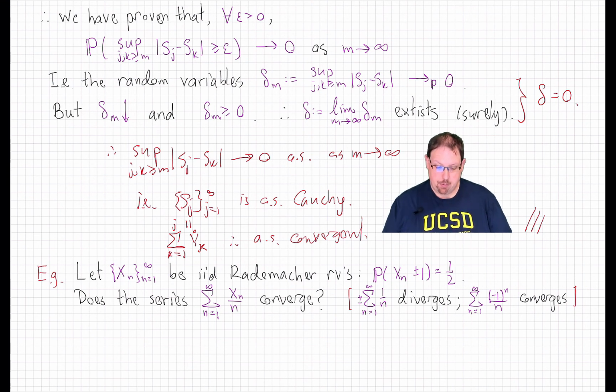There we have proved our main technical tool, which we will shortly use to prove the strong law of large numbers. But before we move off there, let's prove one cute result directly using the Kolmogorov convergence criterion.